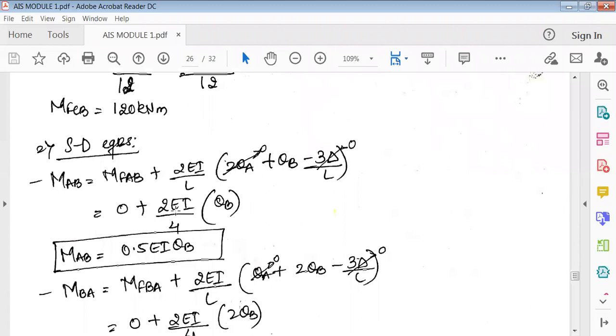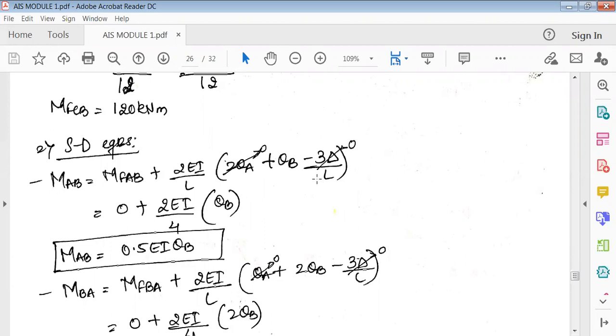Then it is 2EI by 4, the length. Theta A is a fixed support, so it becomes 0. And there is no settlement here.